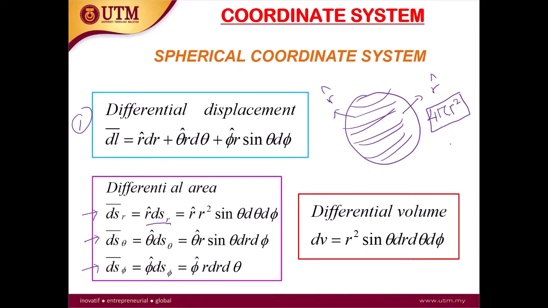To define this, the surface area along the surface of the sphere is basically equal to r sine theta d phi multiplied by r d theta. So you obtain r square sine theta d theta d phi.